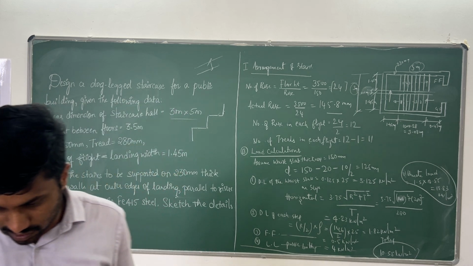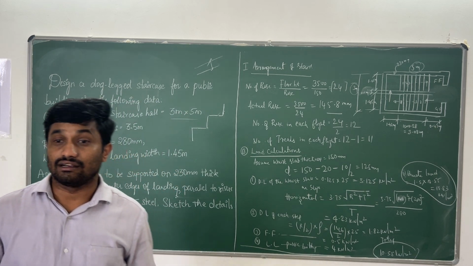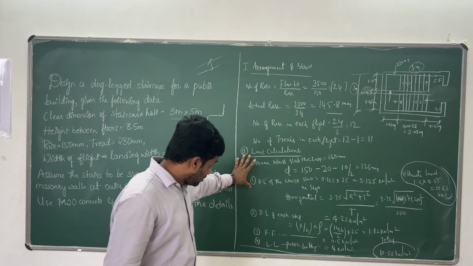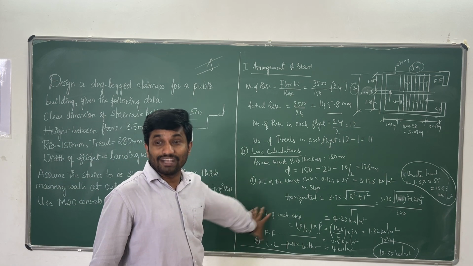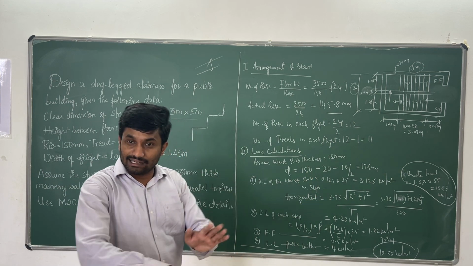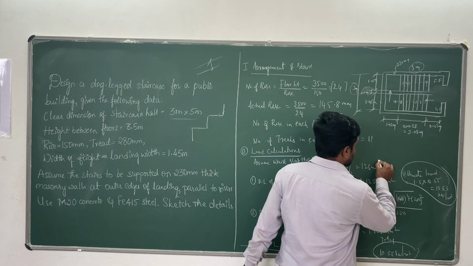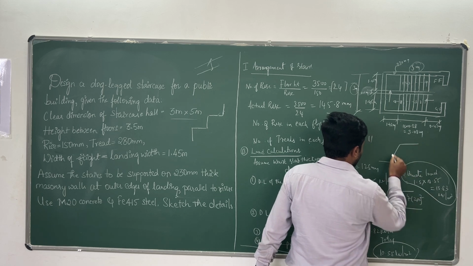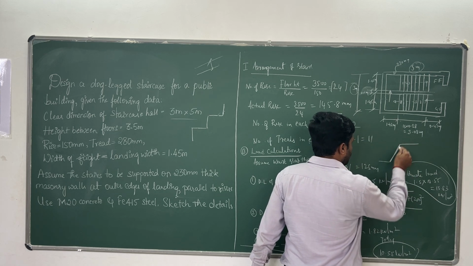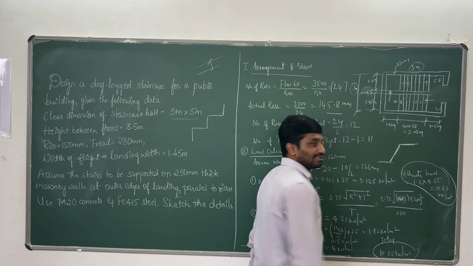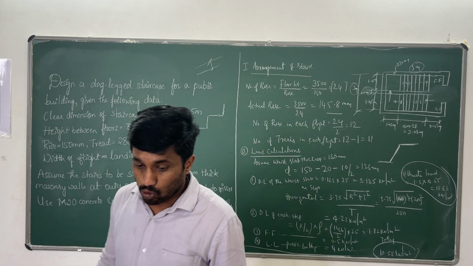For analysis, load on landing. Once again, these are loads on the waist slab. Landing is also there, right? Generally the stair looks like this. We have computed this one now, and we are left with the landing. Load on landing.